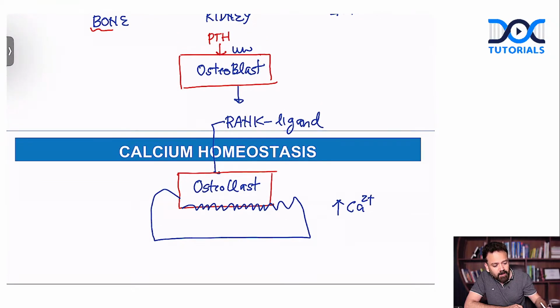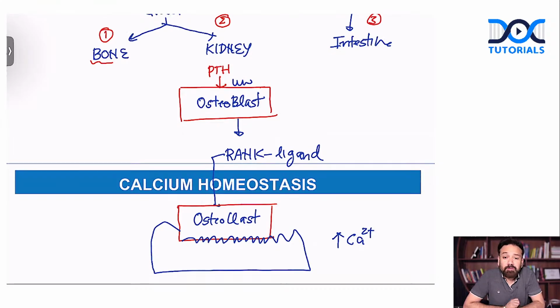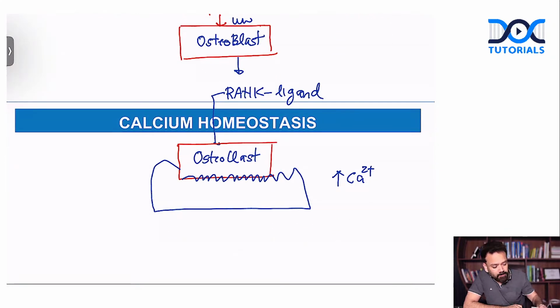I hope this is clear. This much is clear: that RANK ligand is the villain. Why is it the villain? Because it is dissolving the bone. If you understand these two pages of calcium, you can write whatever you want to write if this much concept is clear.